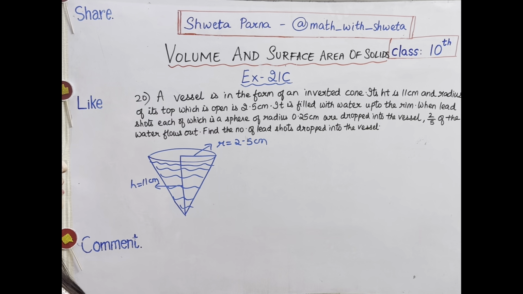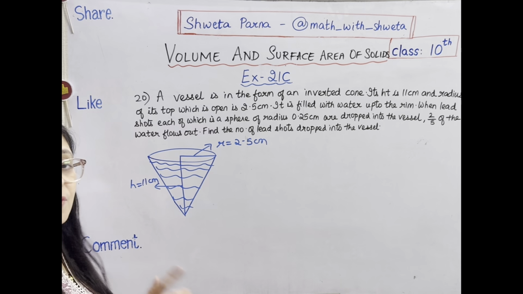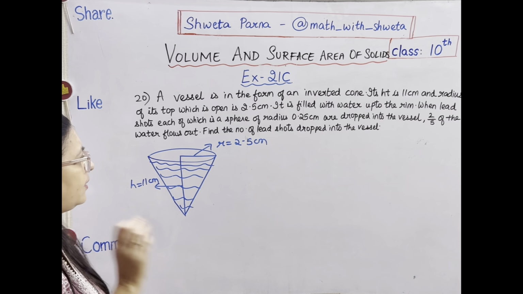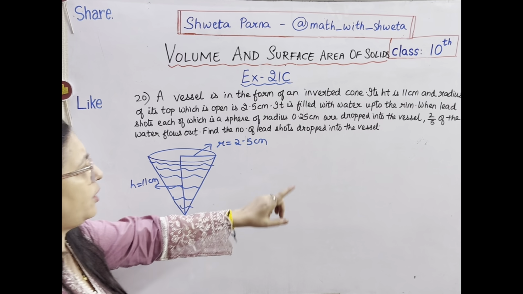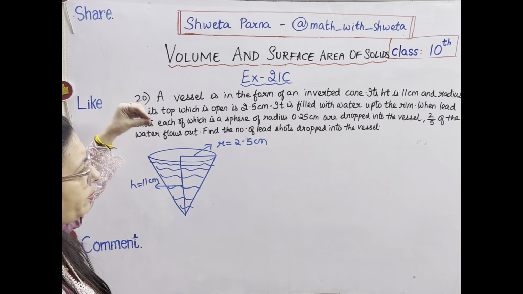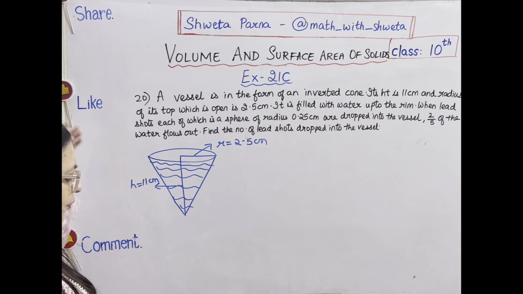When lead shots, each of which is a sphere, of radius 0.25 centimeter are dropped into the vessel, 2/5 of the water flows out. We don't know how many lead shots, but we are putting lead shots in this.